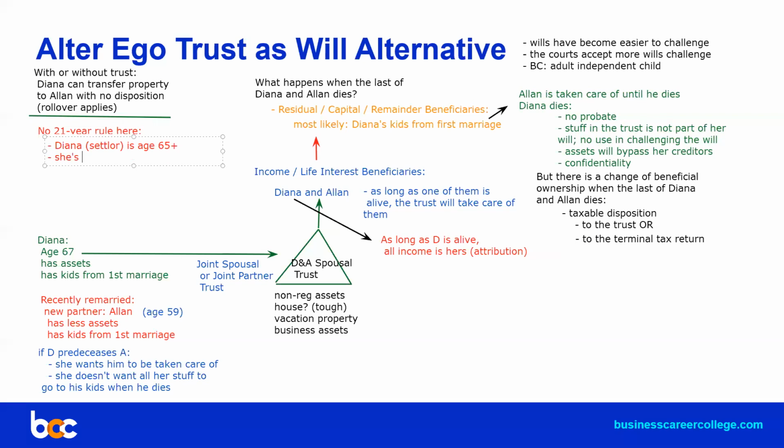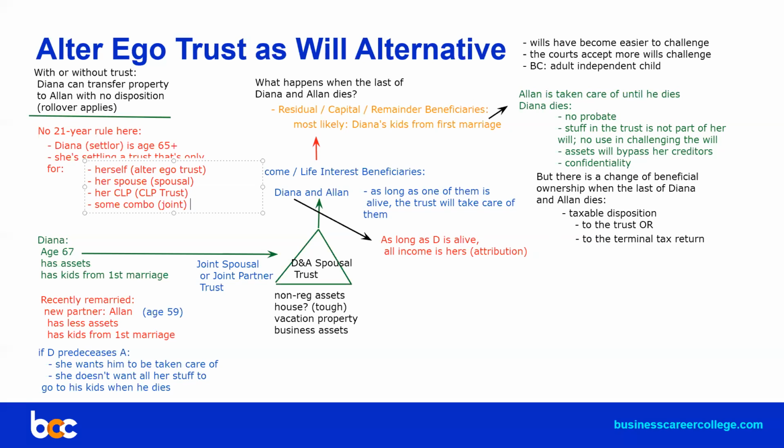And she's settling a trust that's only for herself, which we would call an alter ego trust, her spouse, which we would call a spousal trust, her common law partner, which we would call a CLP trust, or some combination of those, which we would call a joint trust.